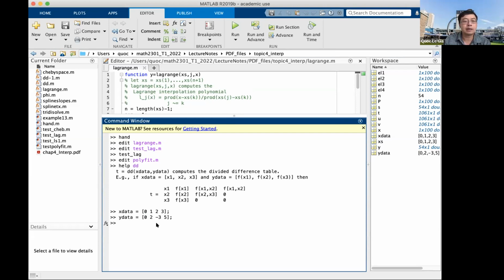So now I just type t equals dd(x data, y data).